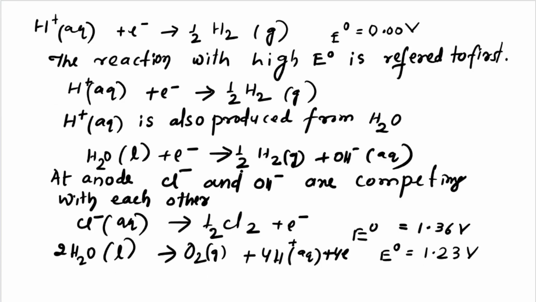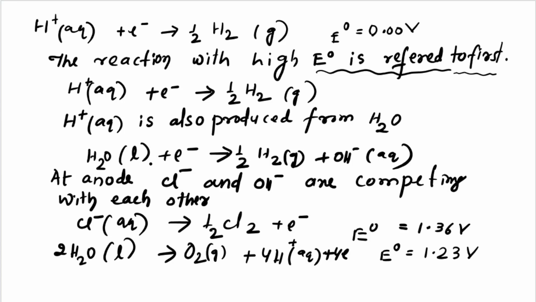So 0 is greater than minus 2.71. That is why, you should remember this line, the reaction with high E0 is preferred first. That is why here you will get hydrogen.